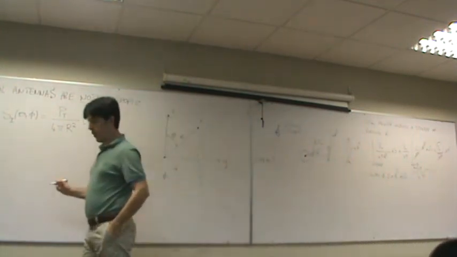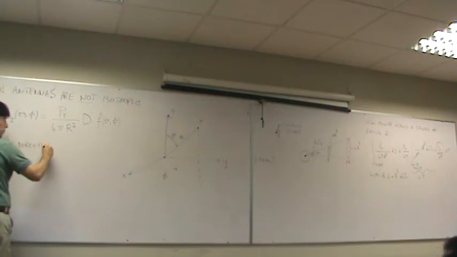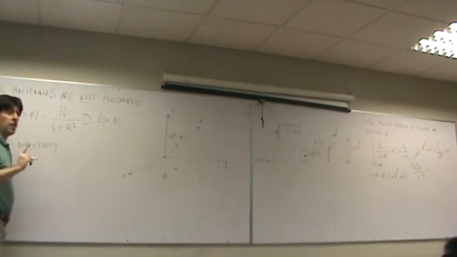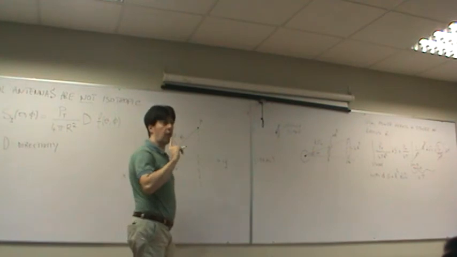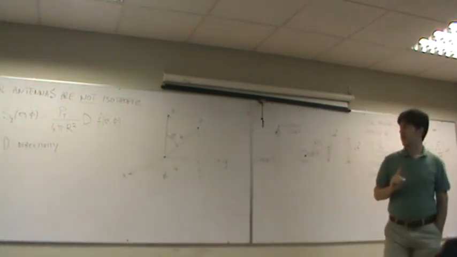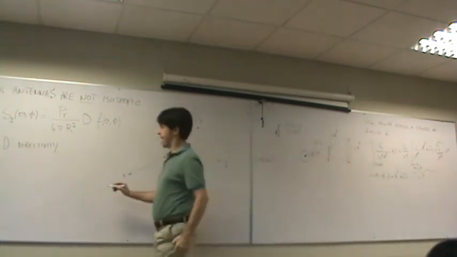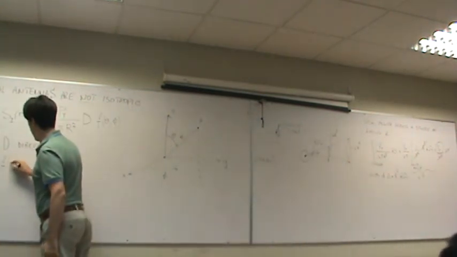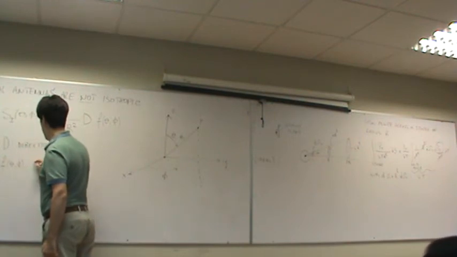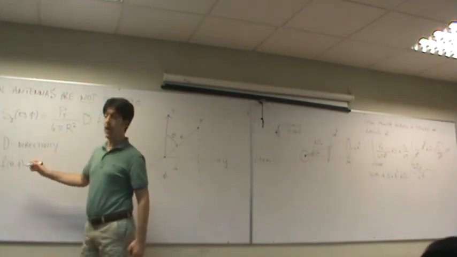Now, D is what we call the directivity of the antenna. It's not the gain. It's very close to the gain, hopefully, but it's not the antenna gain. It's called directivity. And this function is called the directivity function.